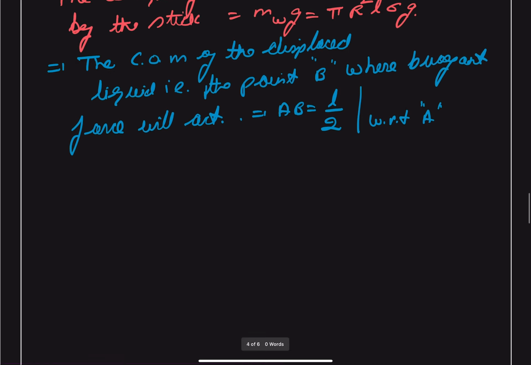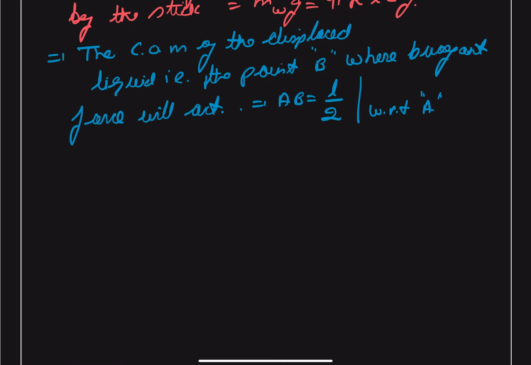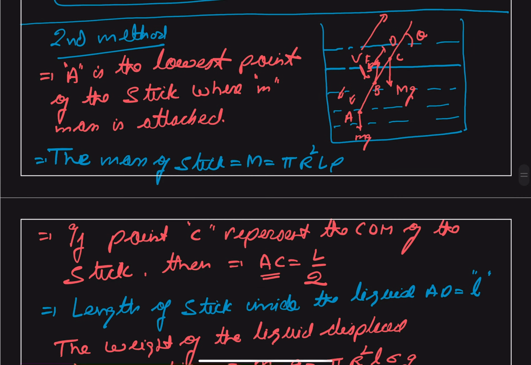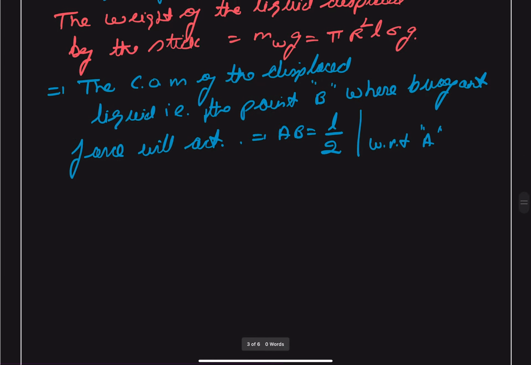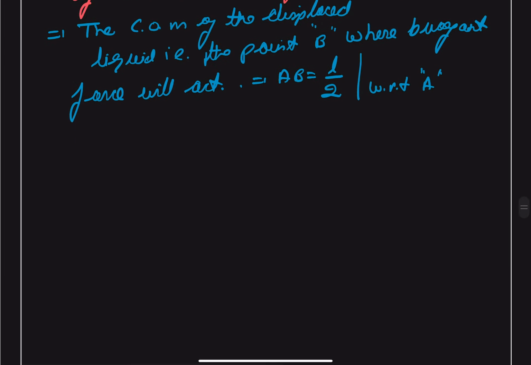And we also say, like in the figure, that the stick is making an angle of theta with the level of the water, or we can say with the horizontal. The stick makes angle theta with the horizontal.